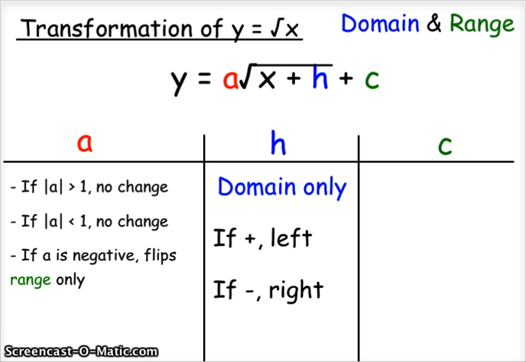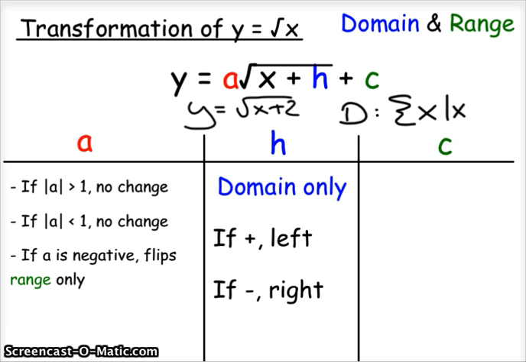For example, if I had y equal to the square root of x plus 2, my domain is all the x's such that x is greater than or equal to -2. It moves the graph left. Again, that's opposite of how it probably should look, but that is the case for the inside the radical part.